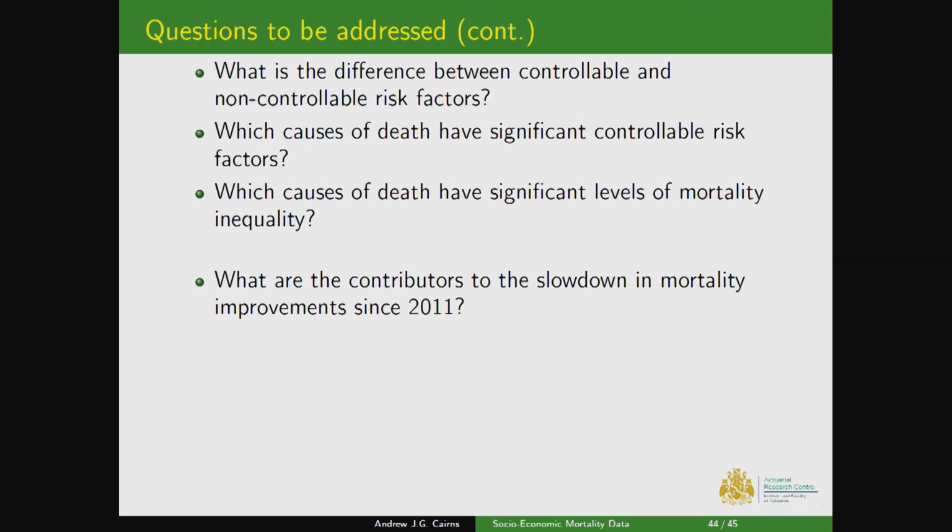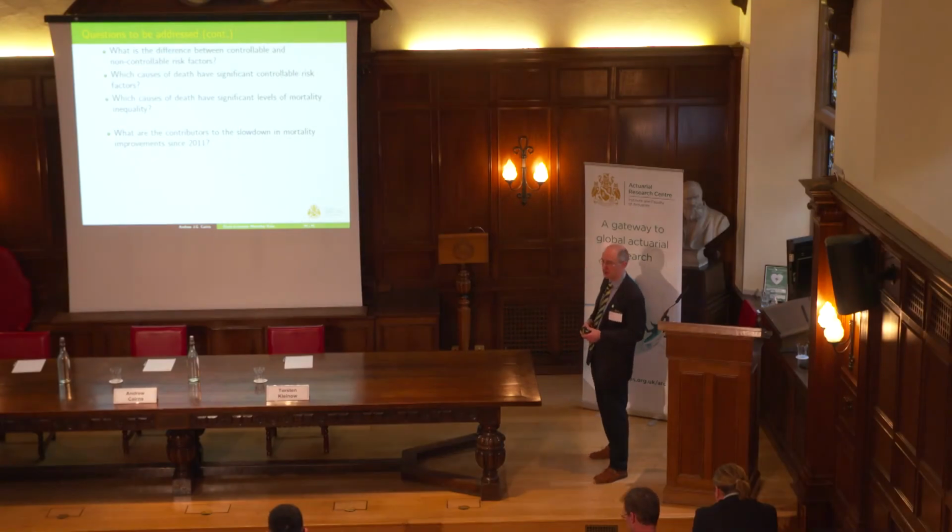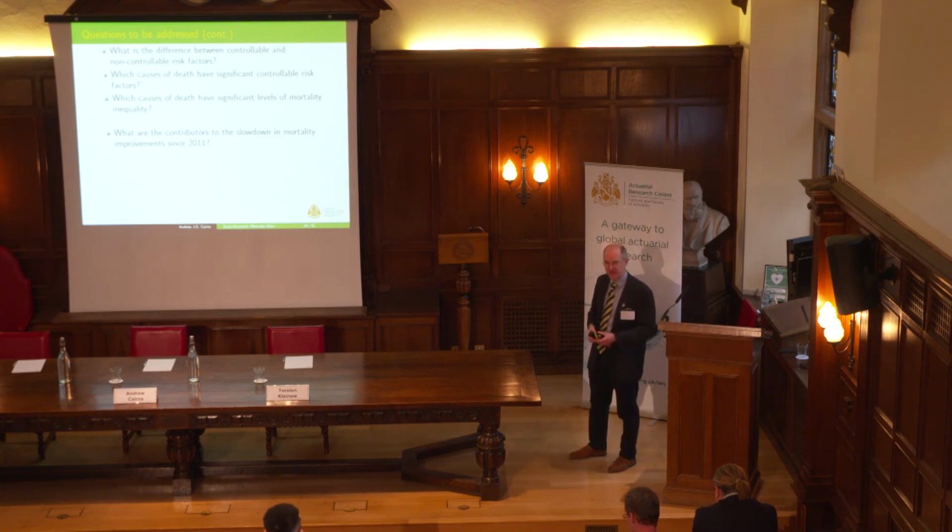And then for cause of death questions, what is the difference between controllable and non-controllable risk factors or lifestyle? Well, the lifestyle factors are controllable, but there are other risk factors that push mortality up and down. What causes of death do have significant controllable risk factors? Which causes of death have significant levels of inequality?